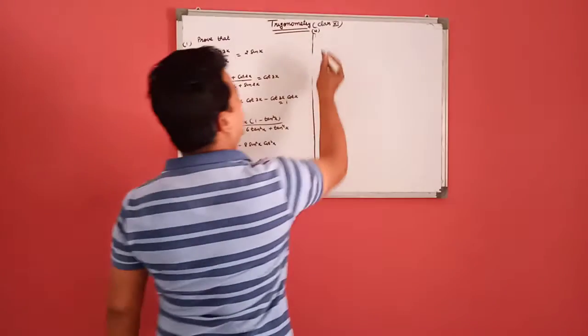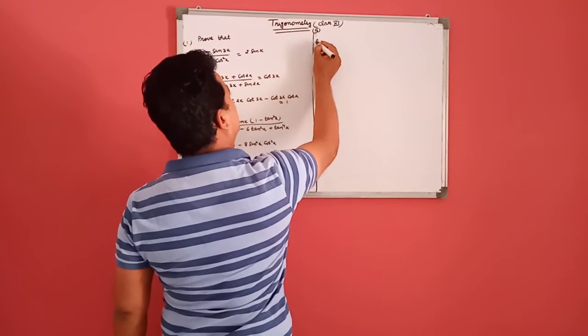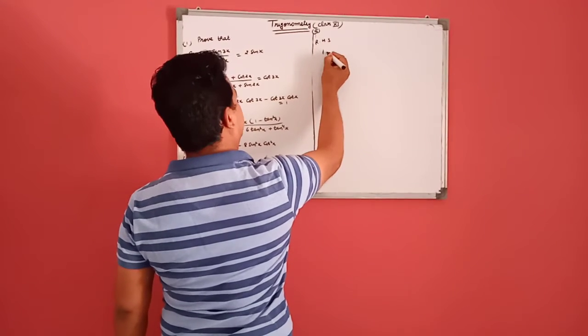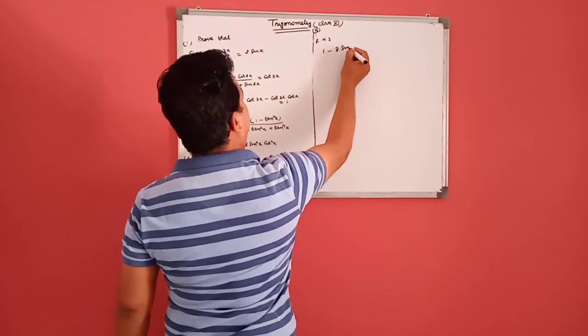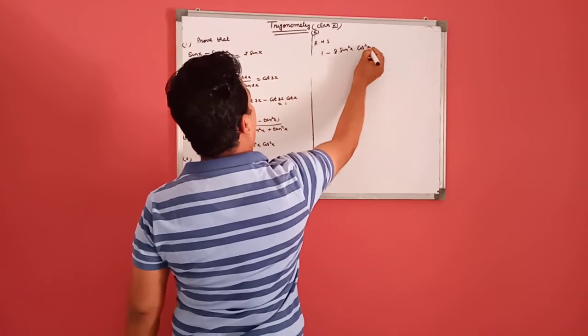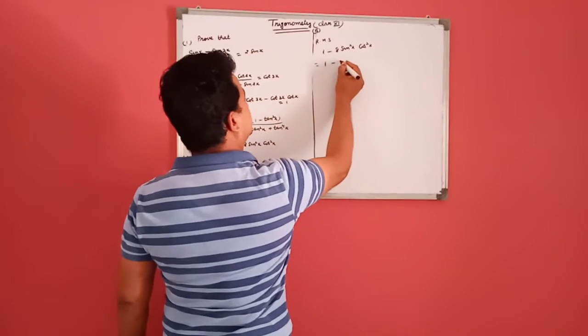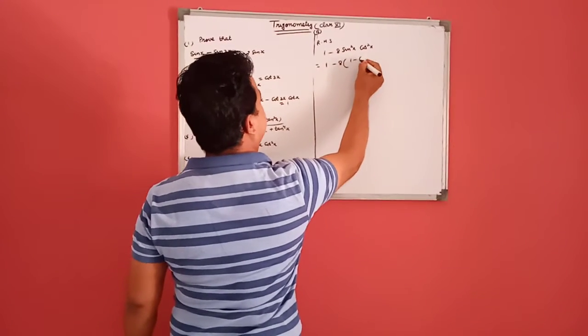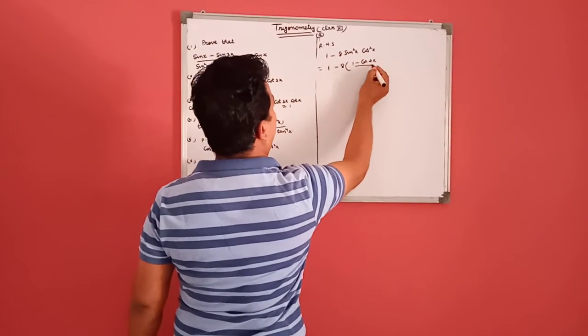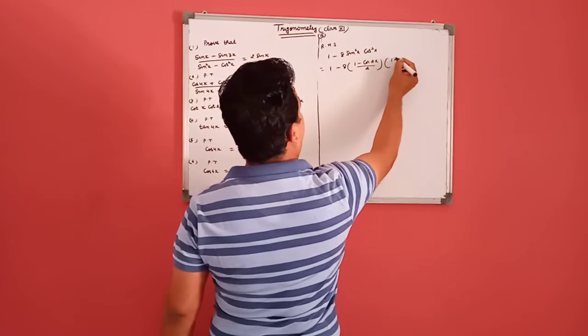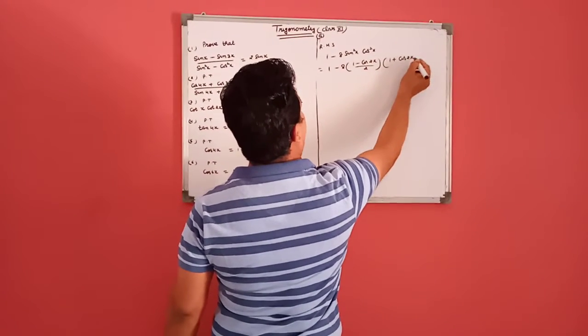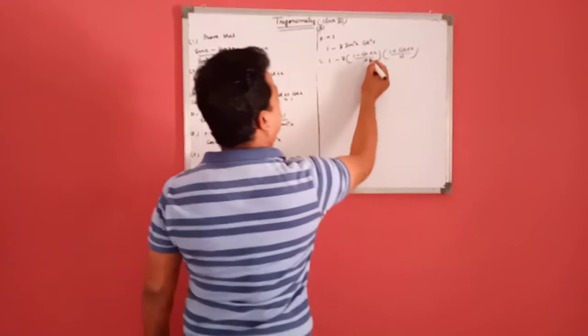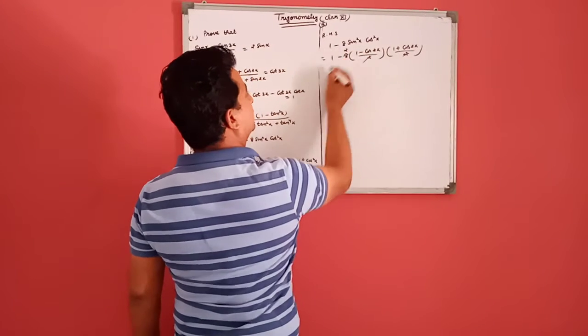In question number 5, we are required to prove that cos 4x is equal to 1 minus 8 sin square x into cos square x. In this question, we take the right hand side, that is 8 sin square x into cos square x. First we apply the sin square x formula, which is 1 minus cos 2x by 2, and cos square x, which is 1 plus cos 2x by 2. This cancels out.